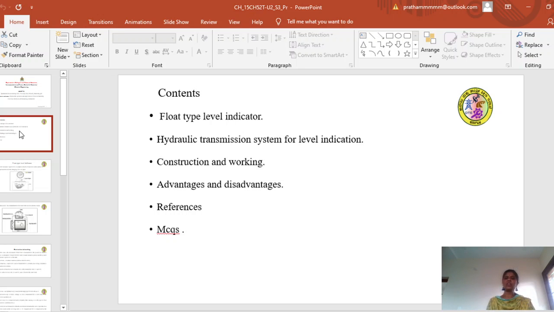Then the hydraulic transmission system for level indication. Then the construction and the working of these two, the float type level indicator and the hydraulic transmission system for level indication. Then what are the advantages and disadvantages of using this float type level indicator, and some MCQs based on the understanding of these topics.